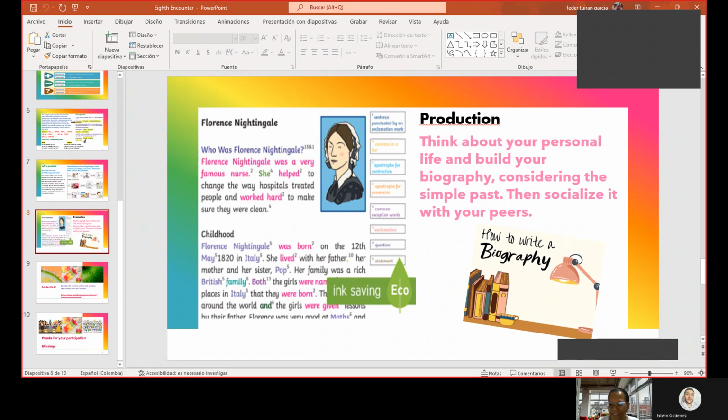I start. I was born in 1993. I grew up in the same place where I was born. I studied my preschool since I was 4 years old. Then I studied my elementary school where I discovered that I really enjoyed learning English.